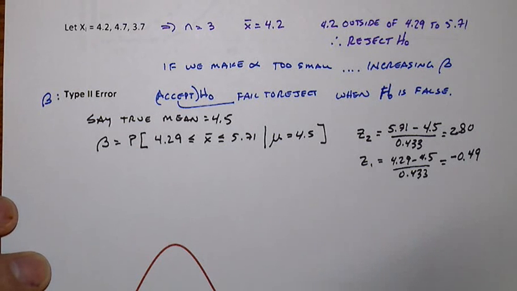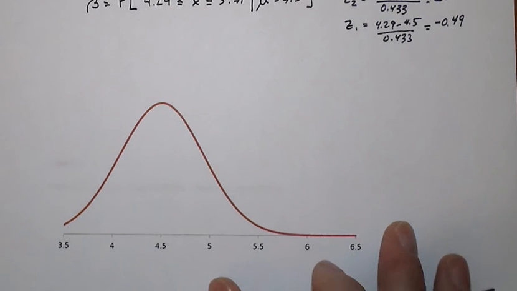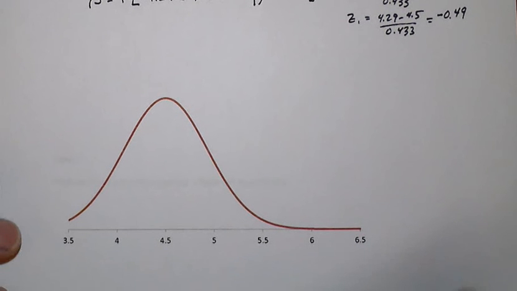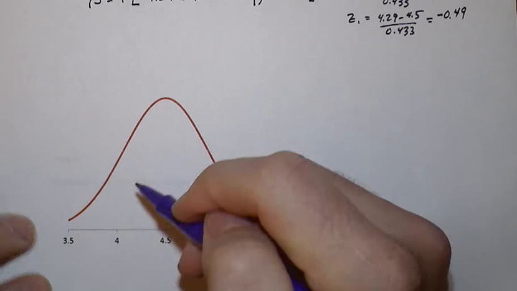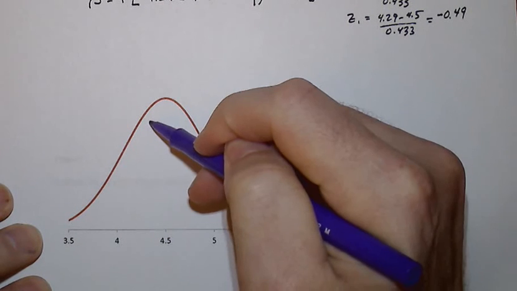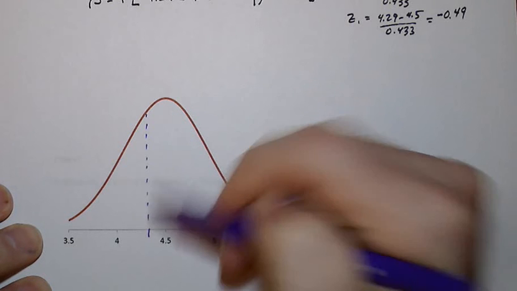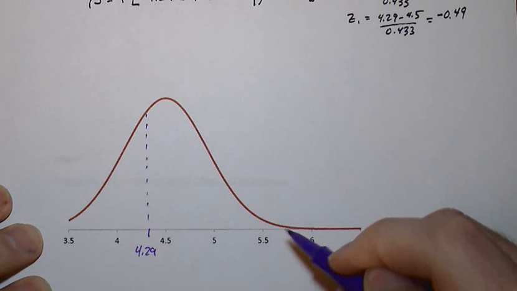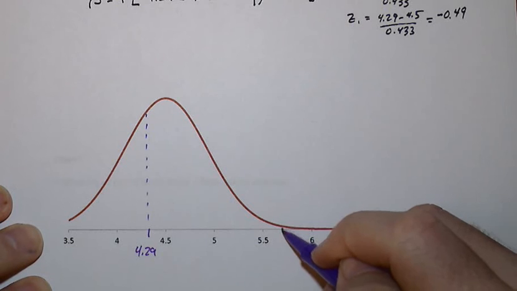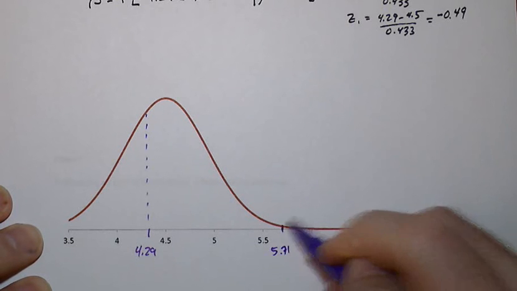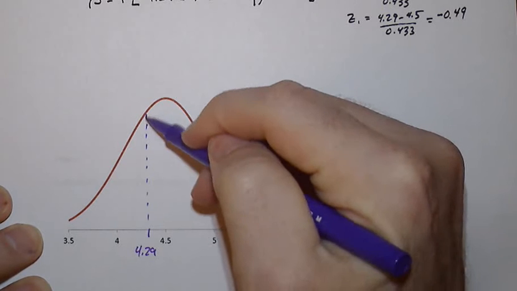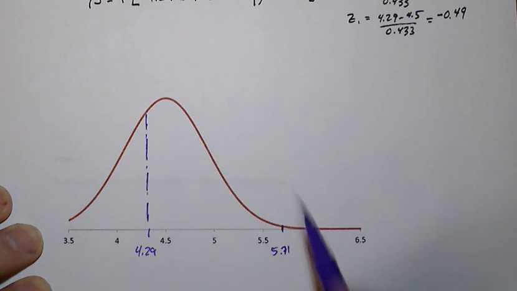And so now when we go look at this on our chart, note that because the true mean is different, we've shifted the curve over a little bit. So we're still going to look at areas that are associated with 4.29 and 5.71, but it's going to be a different area than what we were working with before.